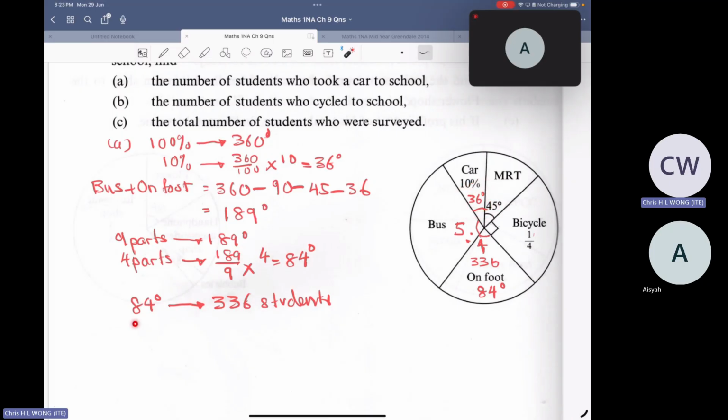So 36 degrees gives me 336 divided by 84 times 36, which equals 144 students who walk to school. You understand? 144 students. So this is the answer.